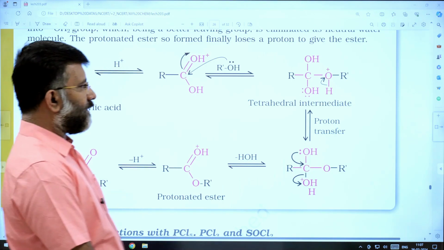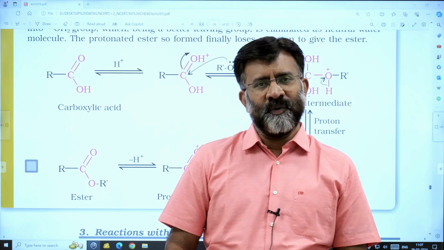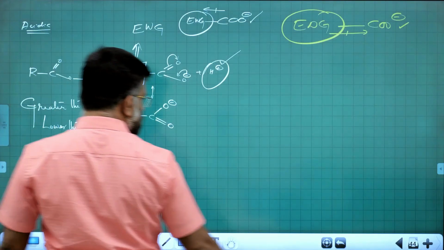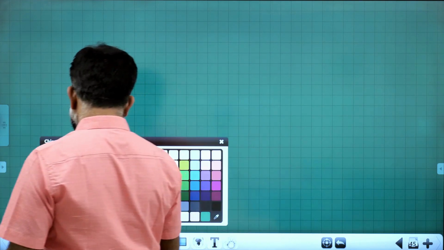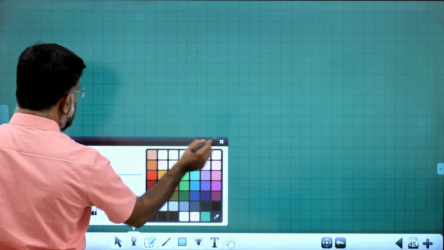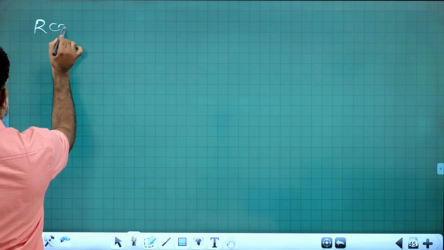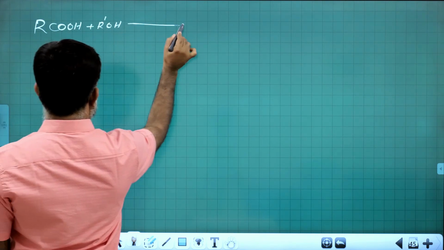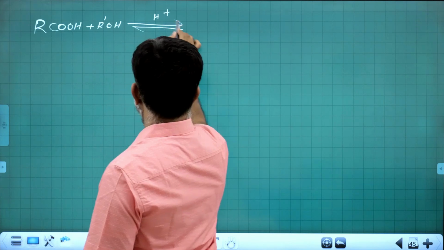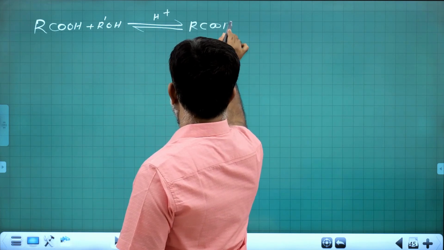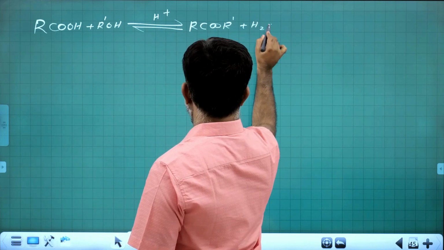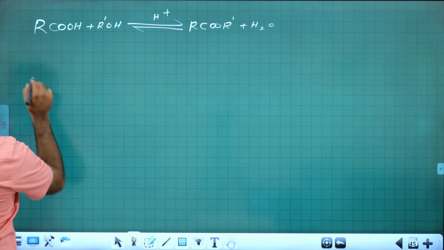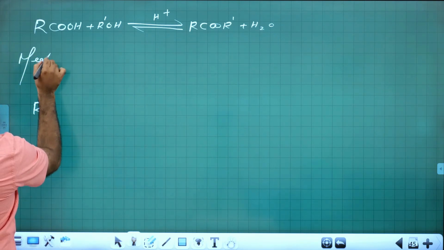Let us try to understand esterification. This is the reaction: a carboxylic acid RCOOH plus R'OH in acid medium, you get RCOOR' plus H2O. Look at the reaction, the story behind.